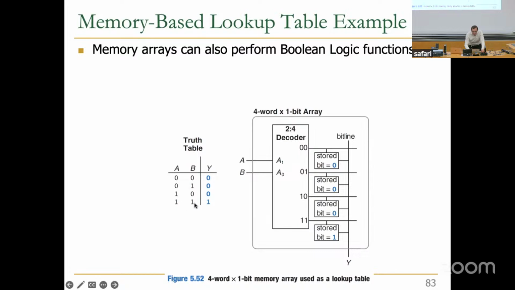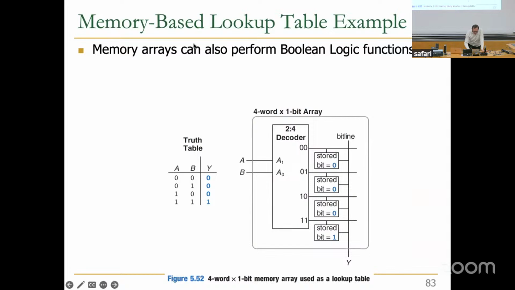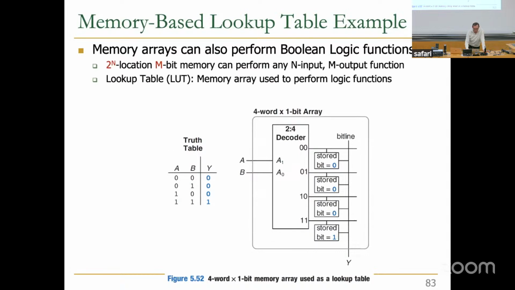Only if the address is 1, 1, your output should be 1. So you store 0 here, 0 here, 0 here, 1 here. And whenever you apply an address combination, you will get the AND function. Makes sense, right? Okay. If you're confused about the bitline terminology, don't worry. This is a more generalized terminology that we're going to go into later in lecture 20 or so.